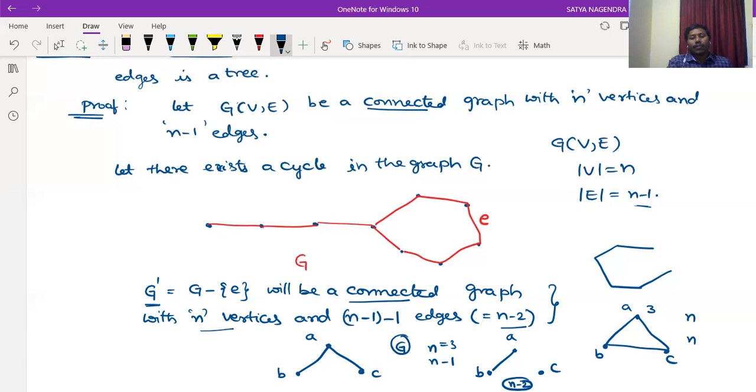Please observe, is it connected? No. So if it is a connected graph with n vertices, then definitely it must have at least n minus 1 edges. But here you are getting G dash as connected with n vertices and n minus 2 edges, so definitely this is wrong. Why are you getting that wrong statement? Because of our assumption, let there exist a cycle in the graph. So we are proving this by contradiction.